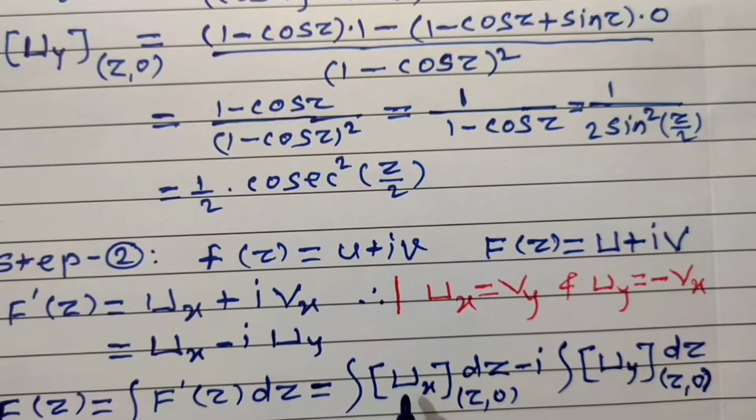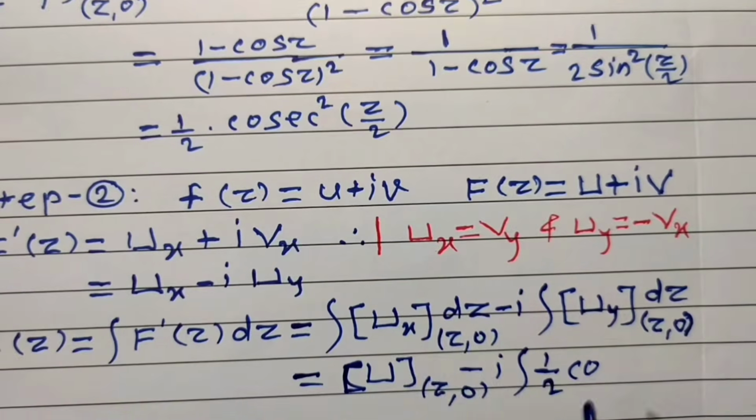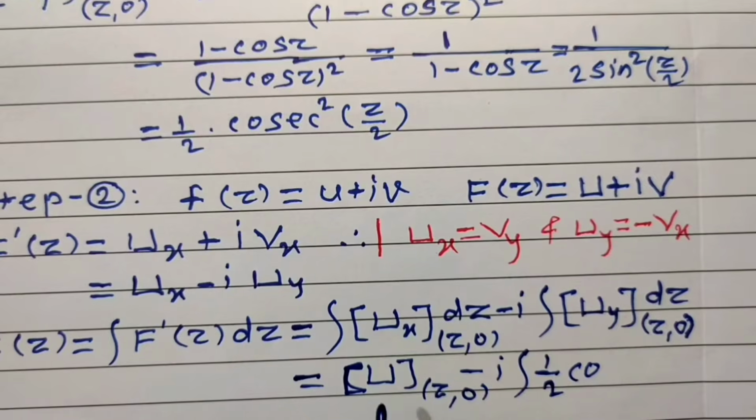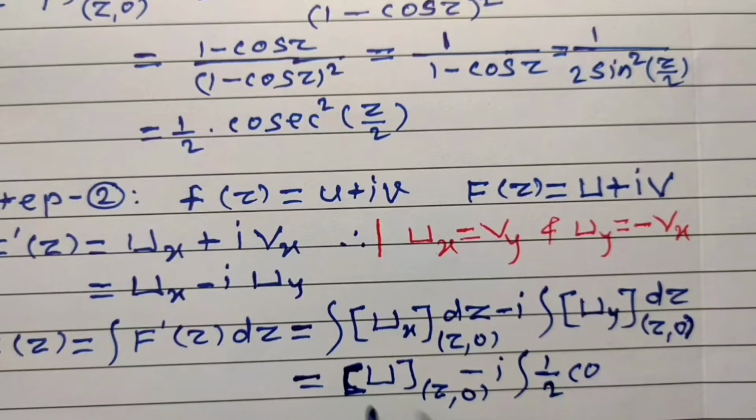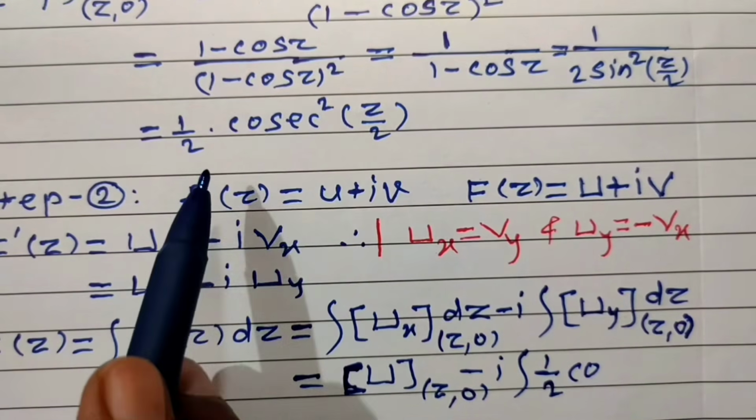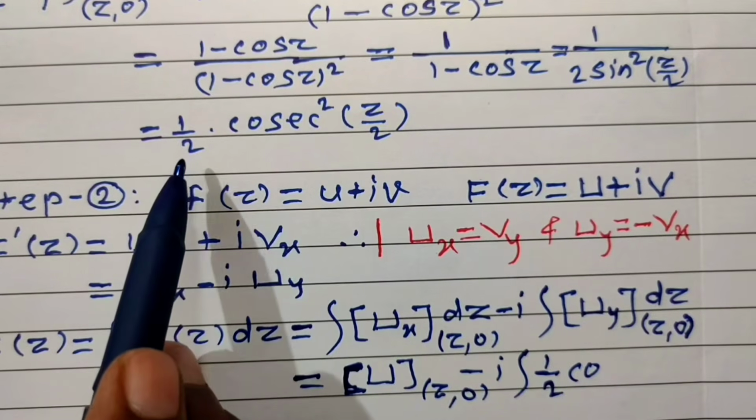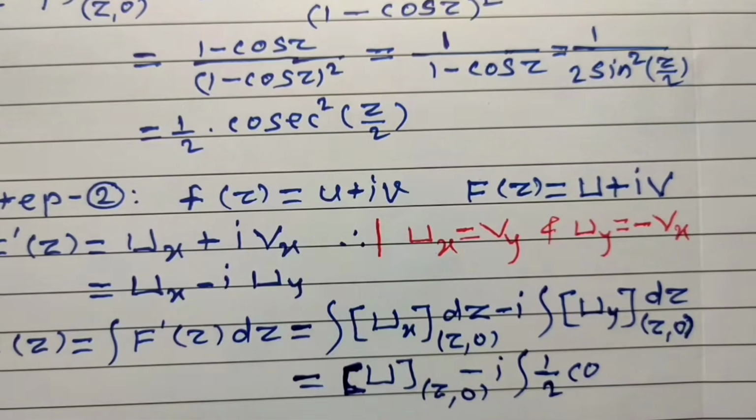For the first integral we can write capital U at (z, 0), minus i into the second integral. u_y at (z, 0) we have already obtained in step number 1, half of cosec square z upon 2.